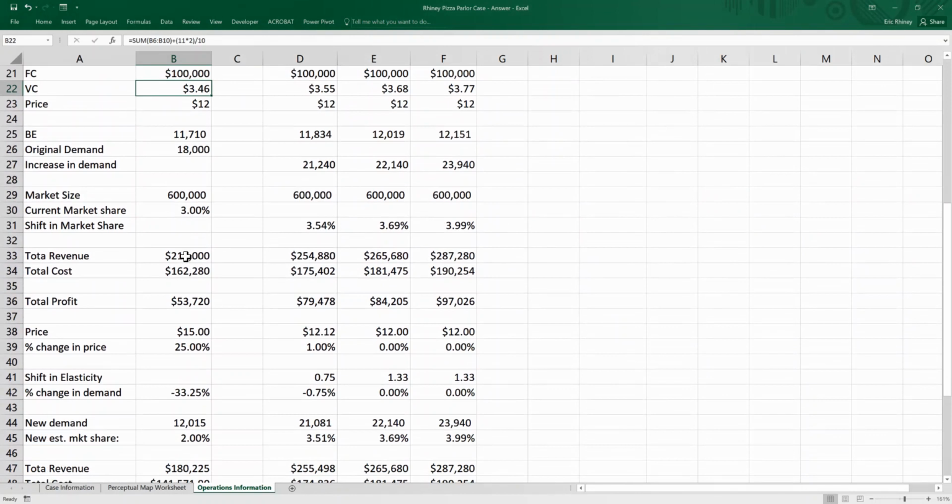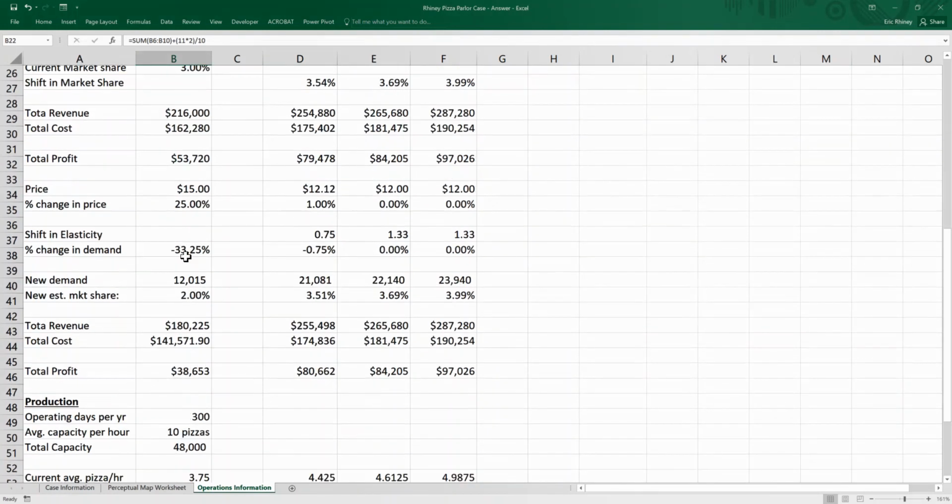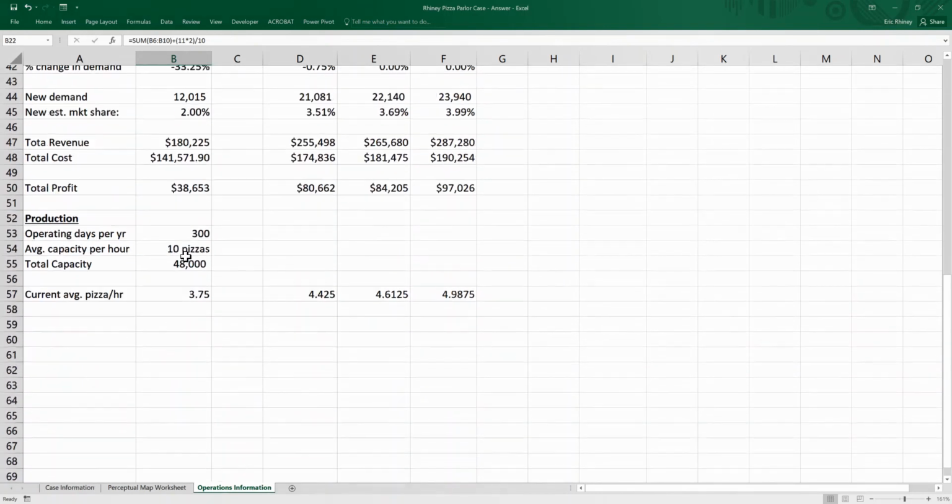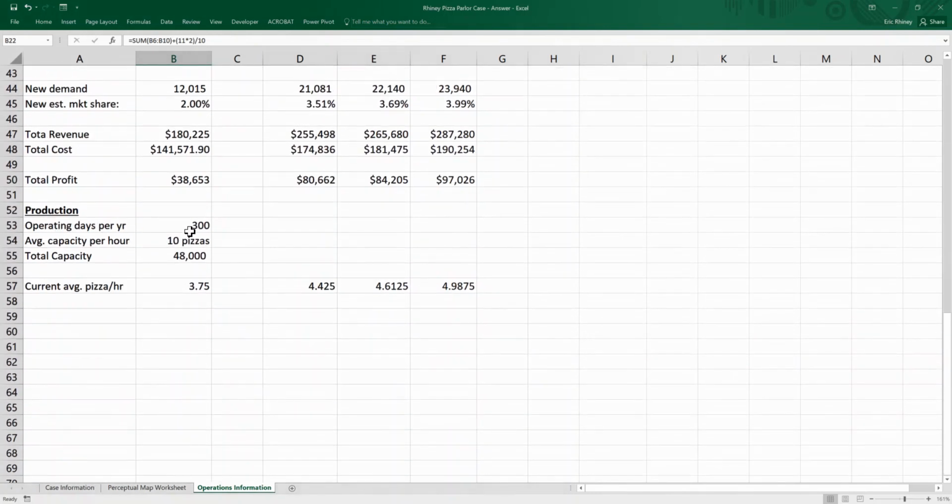If that number of days times 16 hours, assuming that we have 2 8-hour shifts, we can anticipate how many pizzas we're making. So down here, we're operating 300 days per year on average. And you can see here that if we actually made 10 pizzas for this 300, we would make 48,000 pizzas. This is our capacity, 48,000 pizzas.